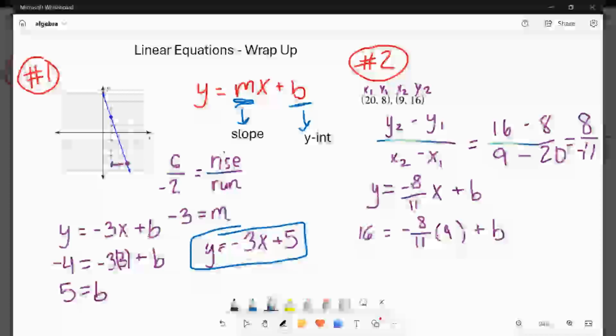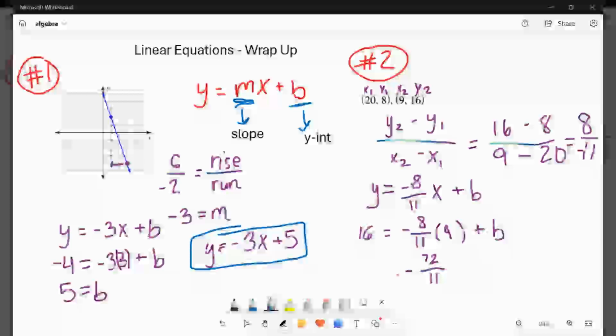All right, 9 over 1 times negative 8 over 11. 9 times 8 gives me 72. And 1 times 11 gives us 11 on the bottom. And we're negative, right? So negative 8 times positive 9 gave me that.